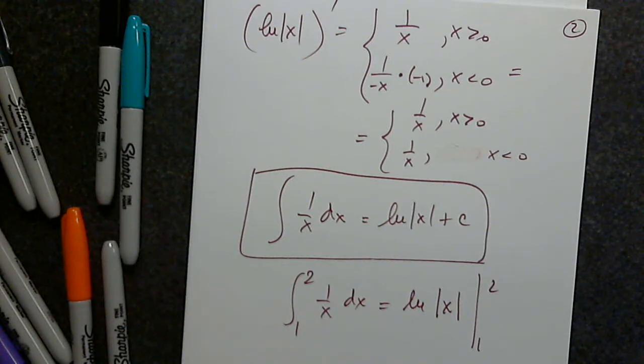It happens that since x is between 1 and 2, I don't really need the absolute value, but the correct answer is the natural log of the absolute value of x. So please keep that in mind.